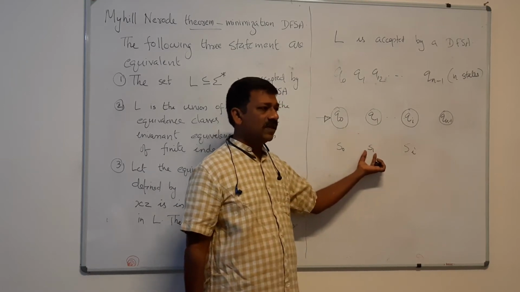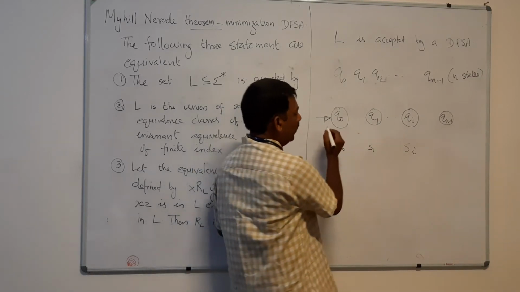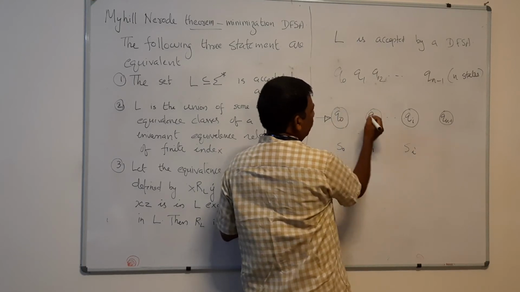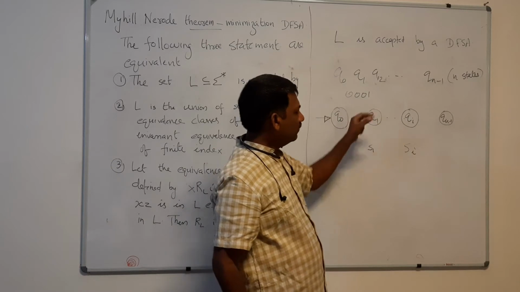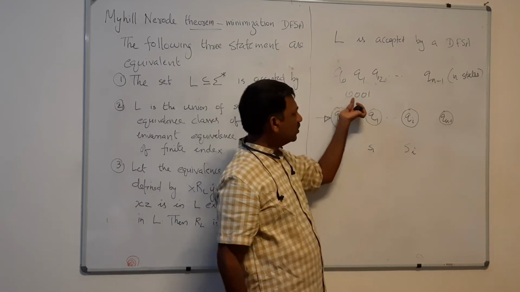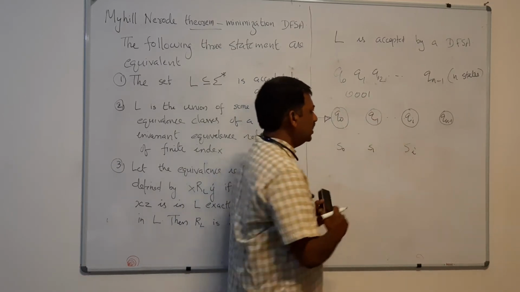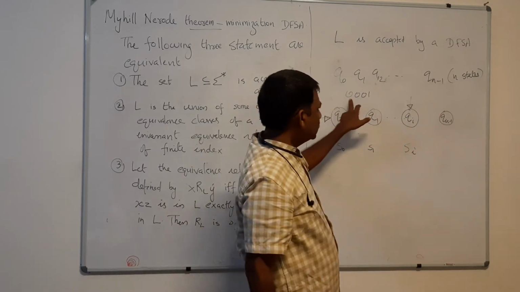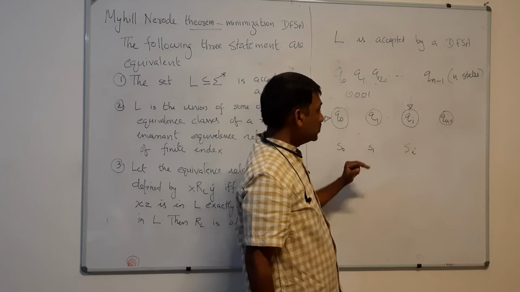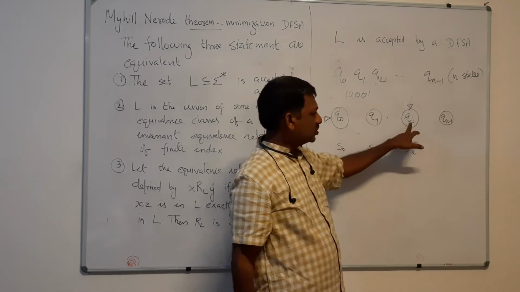Suppose that you are providing the input 0, 0, 0, 1, and on processing it the finite automaton reaches qi.